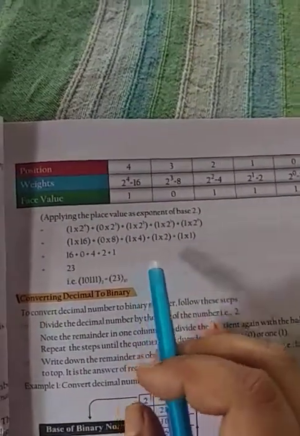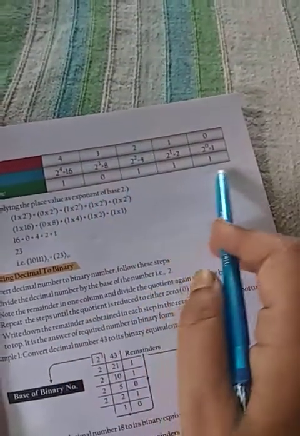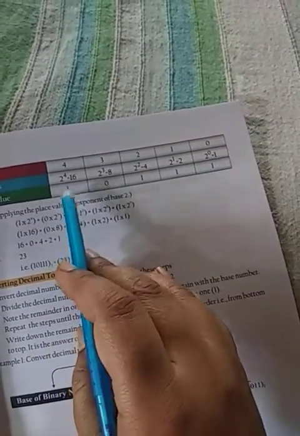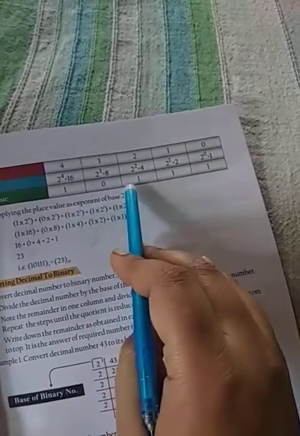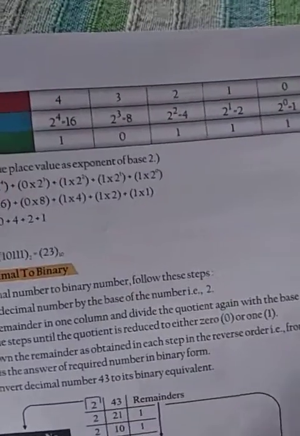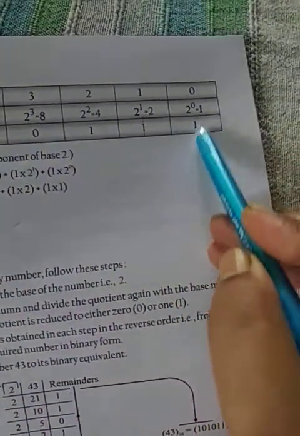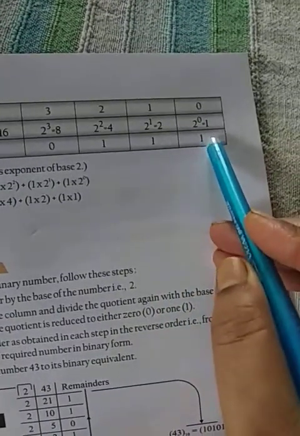See, please pay attention here. We will understand it with the help of this example itself. So this is the number 1011111. We will start from the very right side.